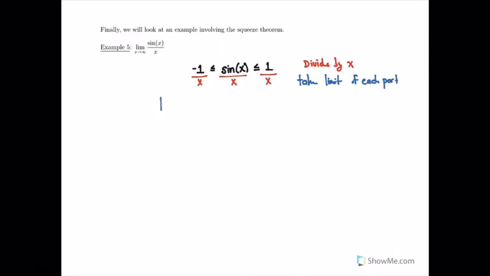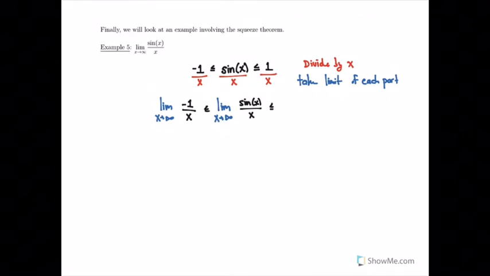So that's going to give me the limit as x approaches infinity of negative 1 over x, which is less than or equal to the limit as x approaches infinity of sine of x over x, which is less than or equal to the limit as x approaches infinity of 1 over x.